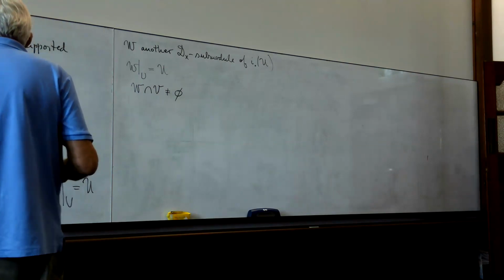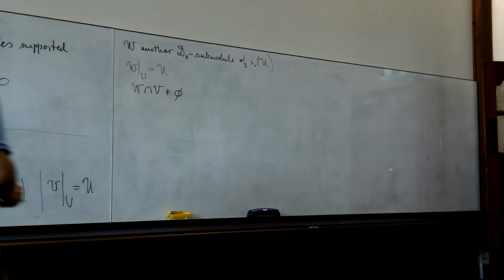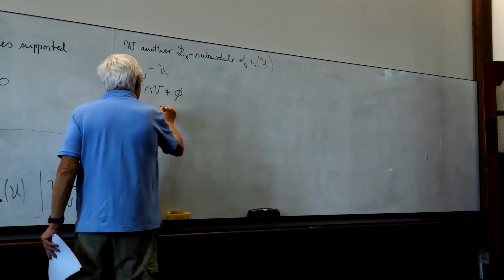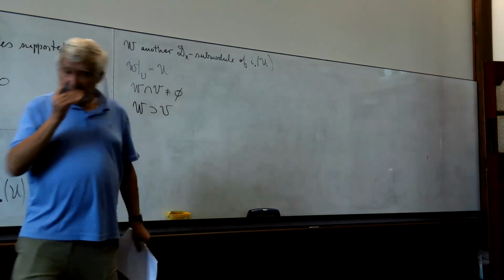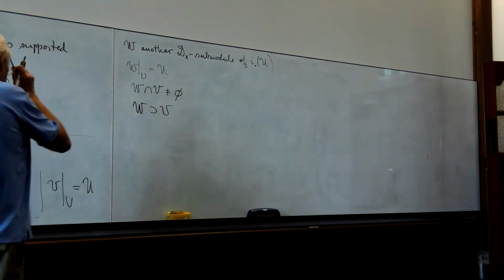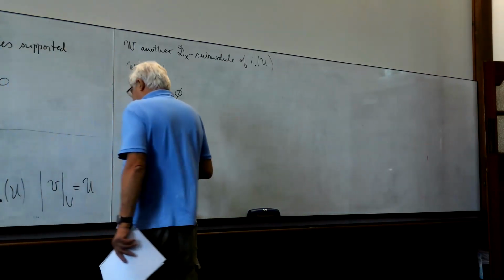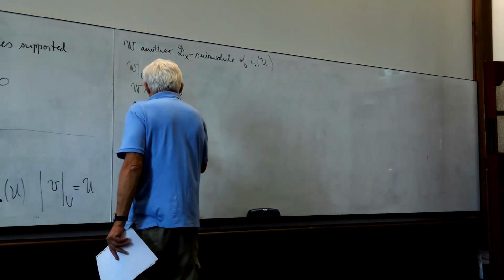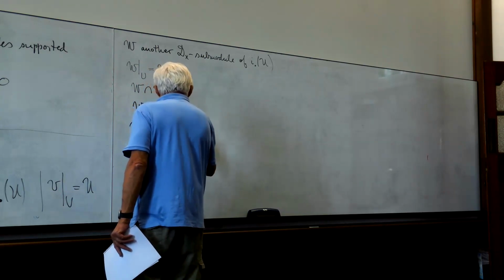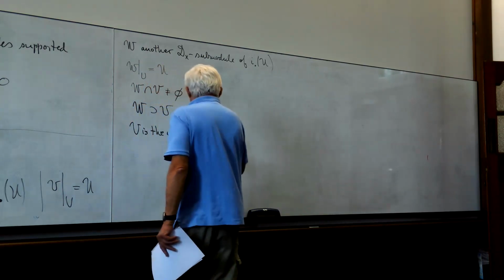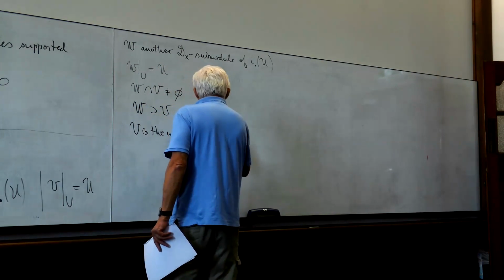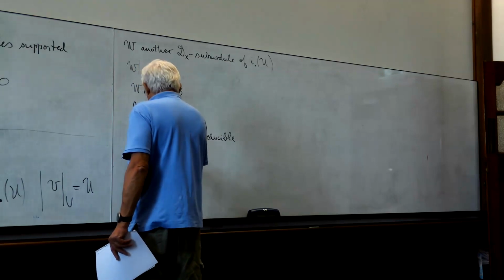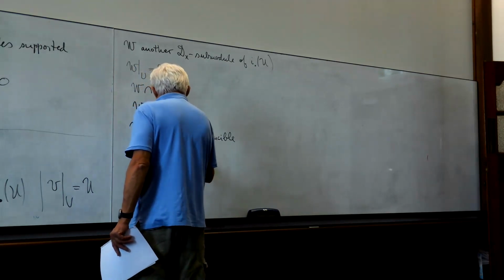But since V is irreducible, this tells us that W contains V. So this implies that V is the unique irreducible submodule of I lower star of U.